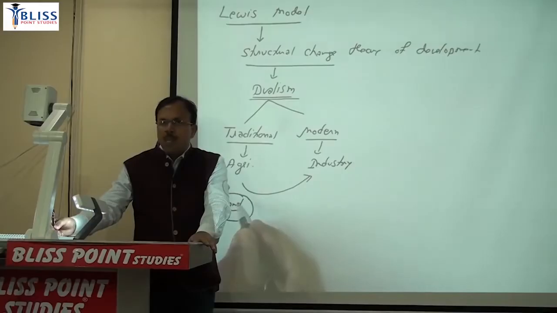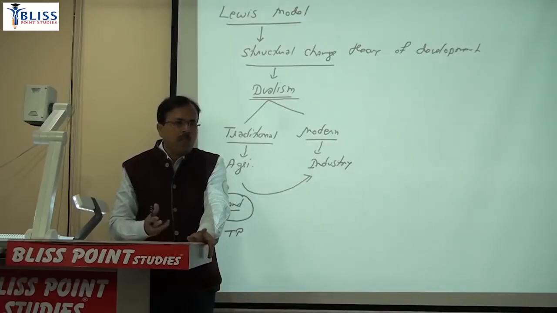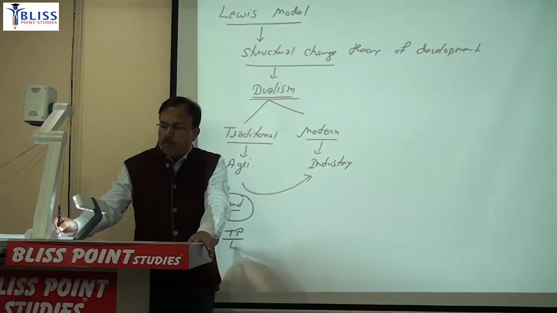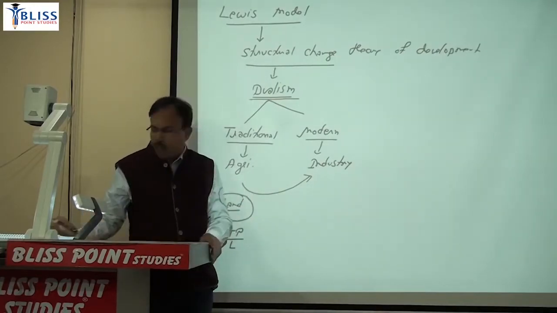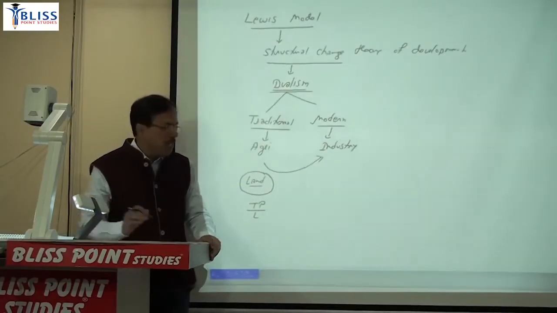So if on a particular land a total product is produced by using 5 family members, then all will share that. If you divide that total product by labor, then economically you will get the average product.